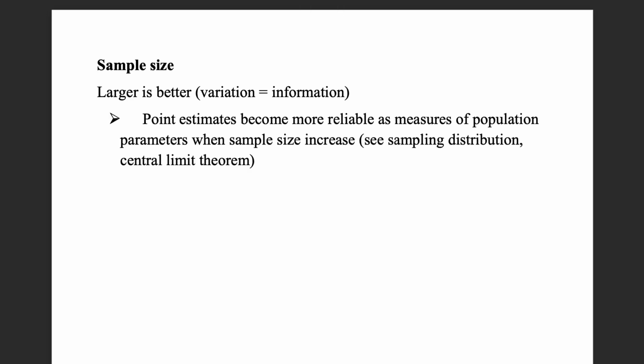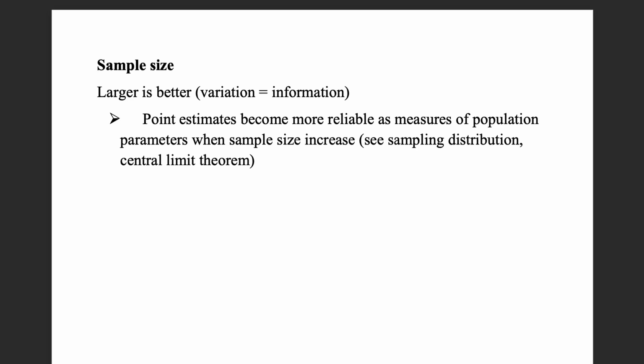So more specifically, well, you already know that our point estimates, so our estimates for means, or in our case now regression coefficients, become more reliable as a measure of the true population parameters to which we actually want them to refer, the larger our sample size is. And we already discussed this quite a bit, the idea of a hypothetical sampling distribution and what we know about the shape of that sampling distribution based on the central limit theorem. And we know that the sampling distribution is going to become smaller, narrower, the larger our sample size is.